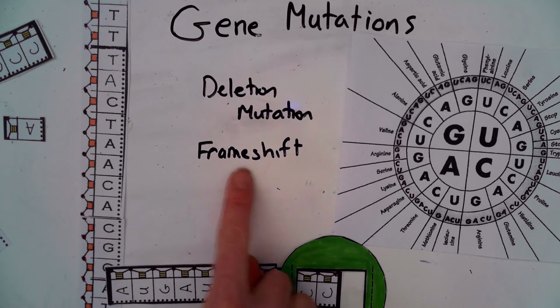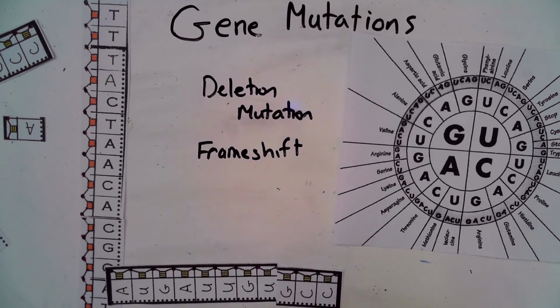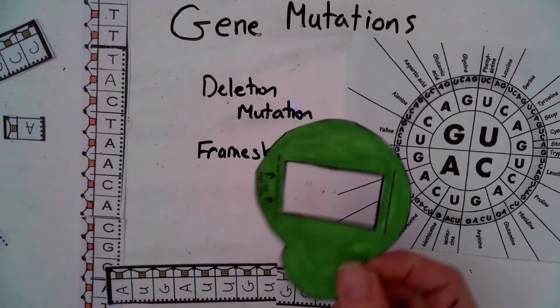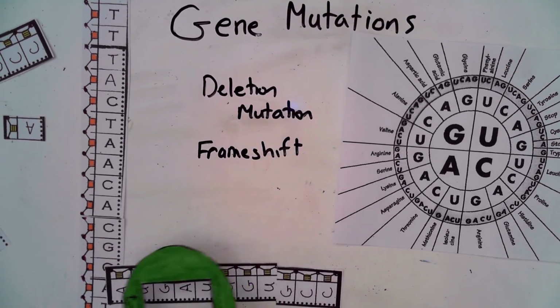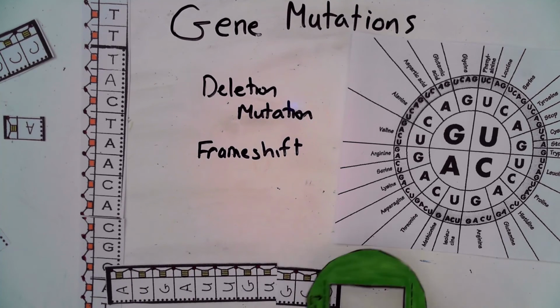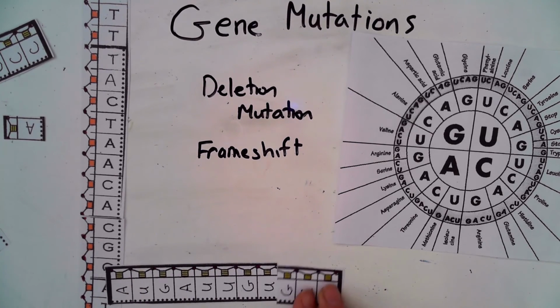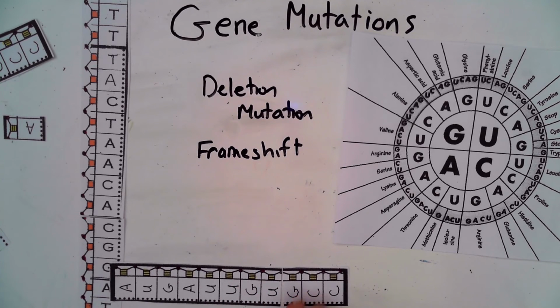And that's what we mean by frame shift, is we're shifting this frame of the ribosome and what codons it's reading ever after that point. So this is going to result in a shorter polypeptide sequence, which will affect the overall amino acid sequence and therefore affect the shape and function of that protein.